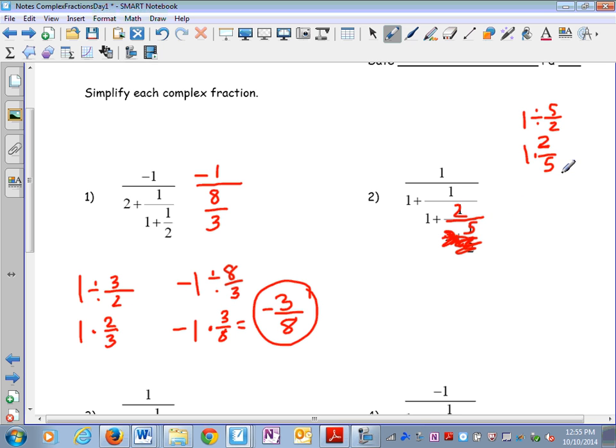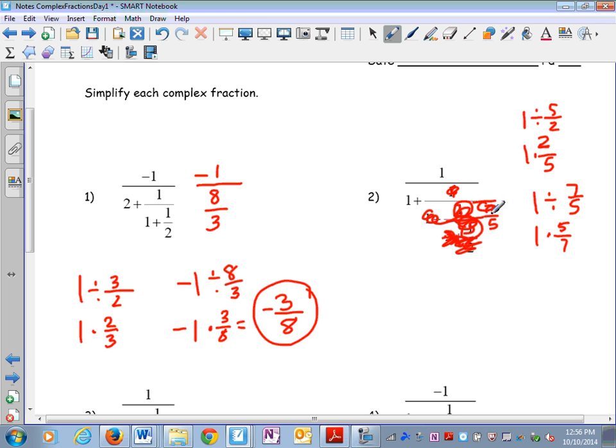Now you've got 1 plus 2/5, which is 1 and 2/5, or 7/5. Now you look up. 1 divided by 7/5 is the same thing as 1 times 5/7.